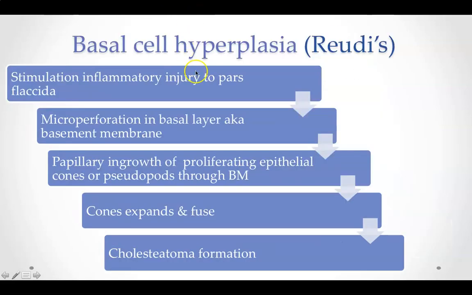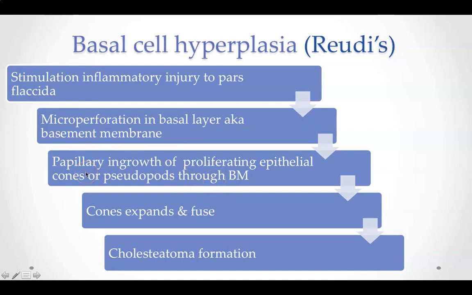Okay. Then we have the basal cell hyperplasia theory, which was given by Ruedi. So what happens is there is a stimulation of inflammatory injury to the pars flaccida. There will be microperforation of the basal layer, which is also called the basement membrane, which causes papillary ingrowth and proliferation of epithelial cones and pseudopods through the basement membrane.